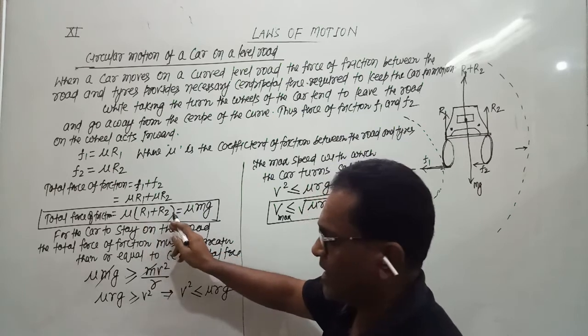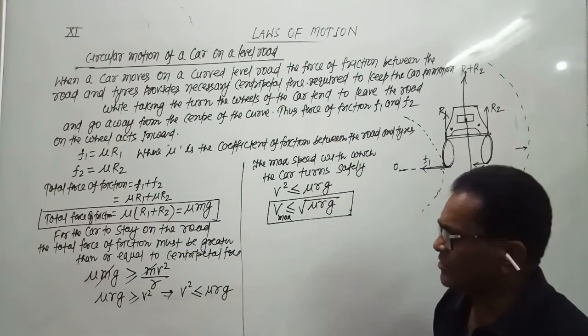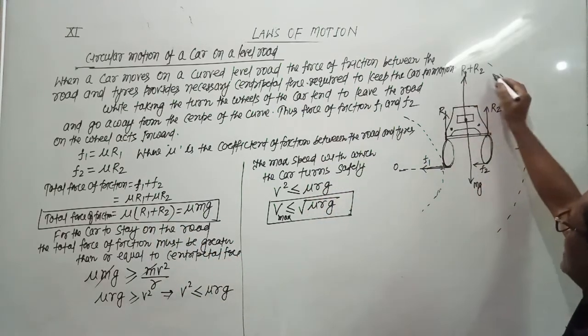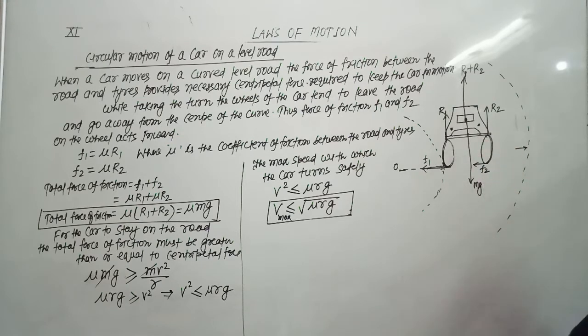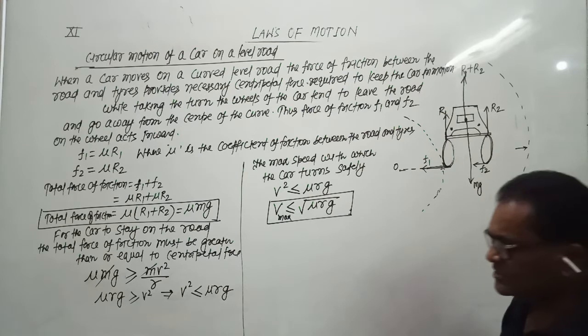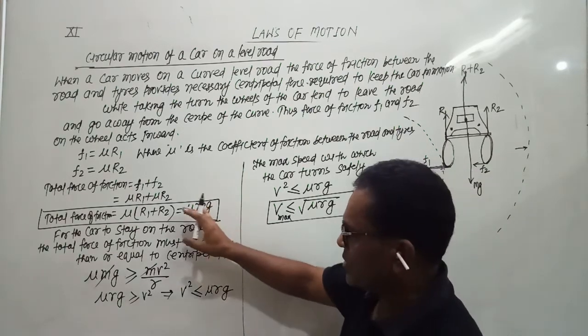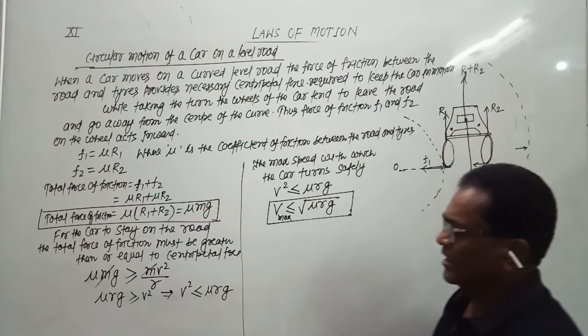Taking mu as common, we get mu times (R1 plus R2), and R1 plus R2 equals mg, since total upward force equals total downward force. So this is the total force of friction, mu mg.